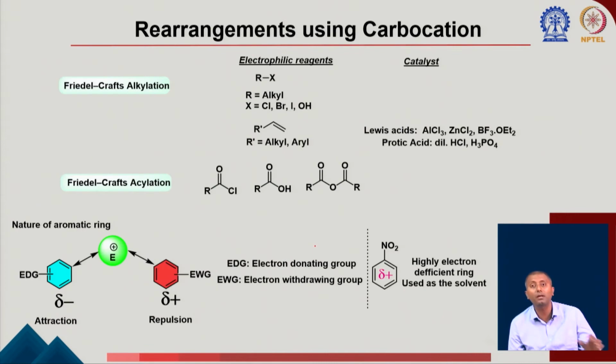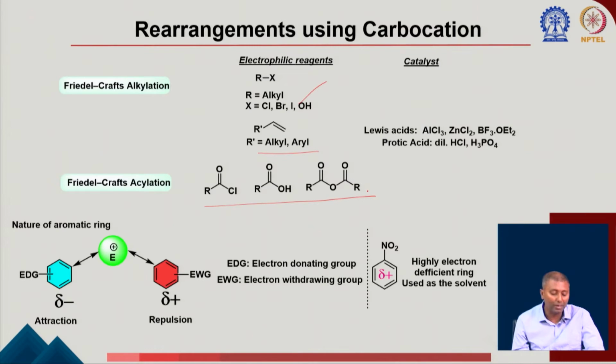So moving further, now we are going to learn about the different conditions that are used. For alkyl chloride, we can use different alkyl chlorides here, or we can use different allyl or aryl systems. We can use different acyl chlorides as well.